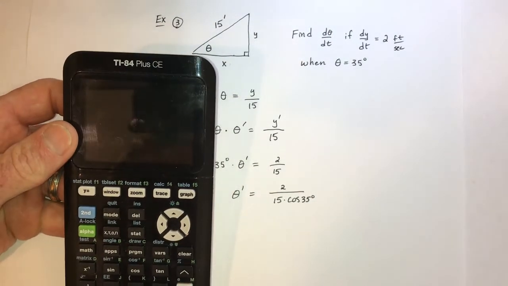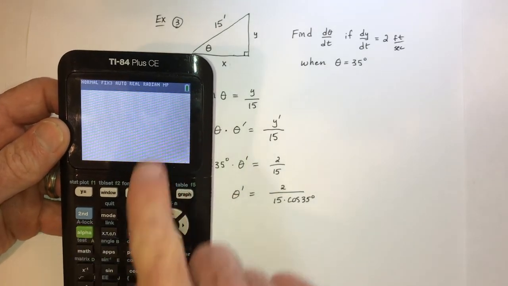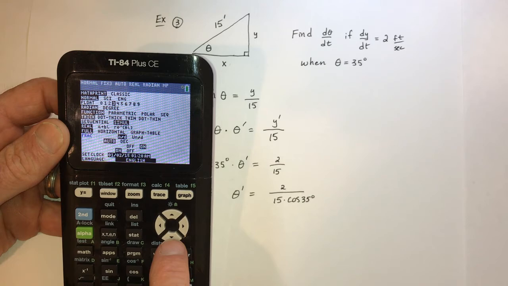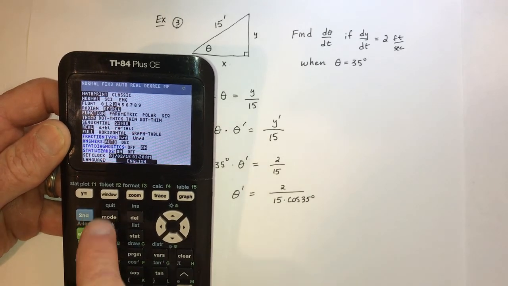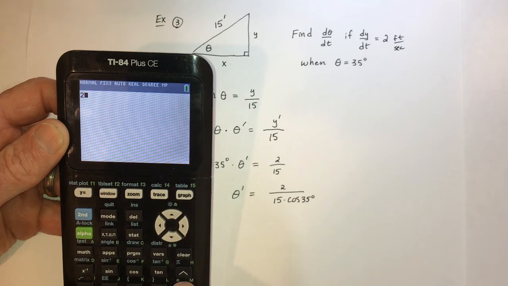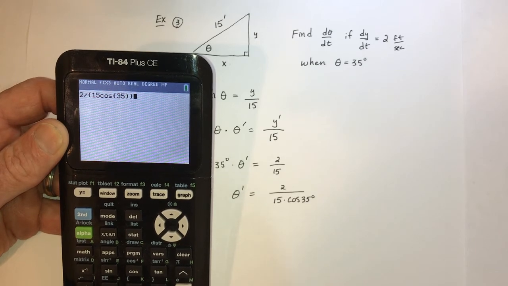So, trust your calculator. Right now it's in radians, so I need to change that to degrees. And then 2 gets divided by both the 15 and cosine of 35 degrees.